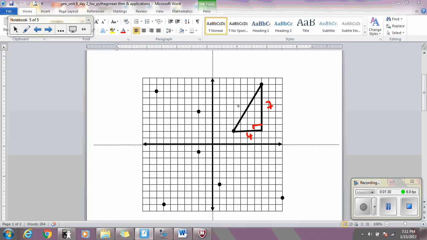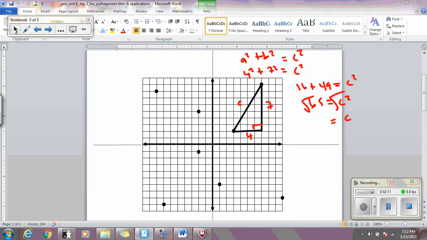So the distance between these 2 points would be the hypotenuse, or C, of this right triangle. So again, the Pythagorean theorem is a squared plus b squared equals c squared. So in this scenario, that would be 4 squared plus 7 squared equals c squared. 4 squared is 16. 7 squared is 49. Add 16 with 49, you're going to get 65. And then we take the square root of both sides because all we want is c.